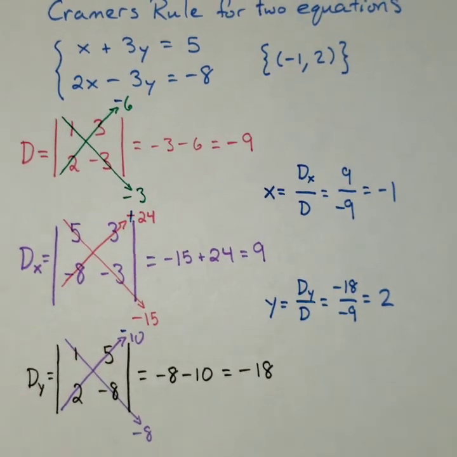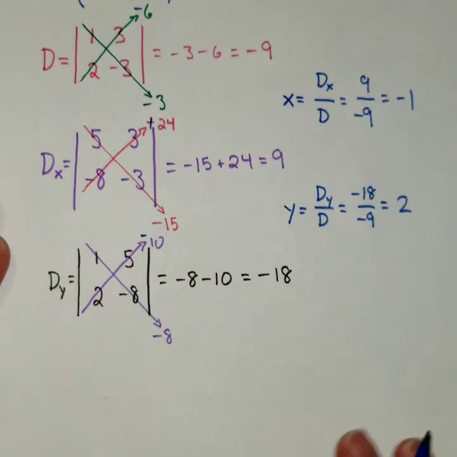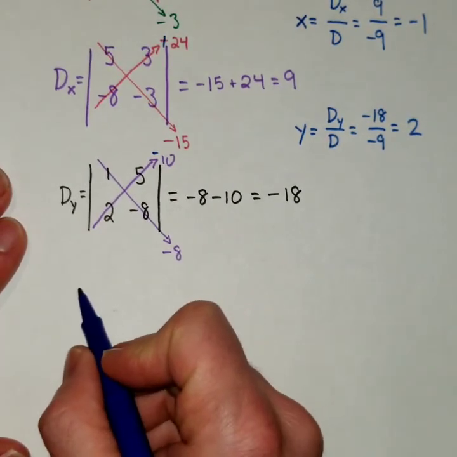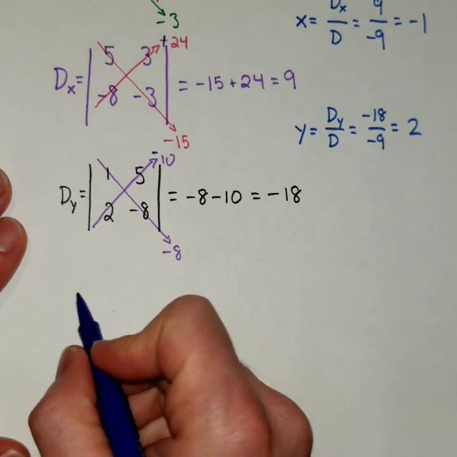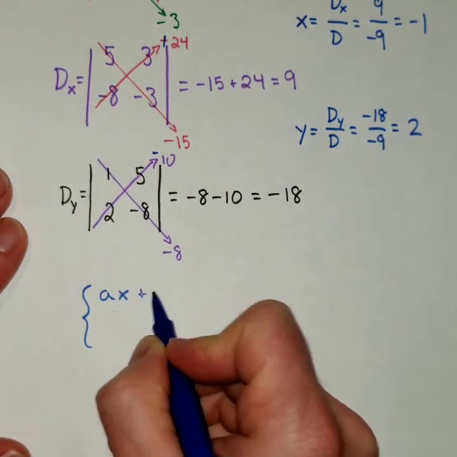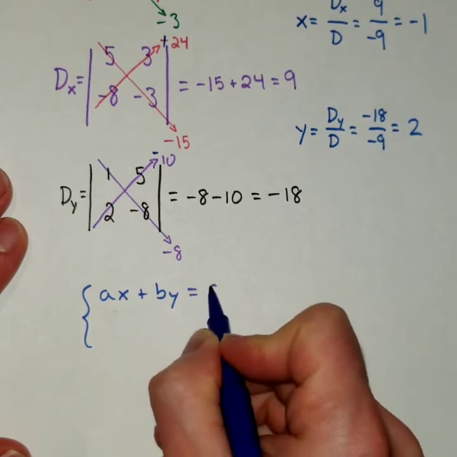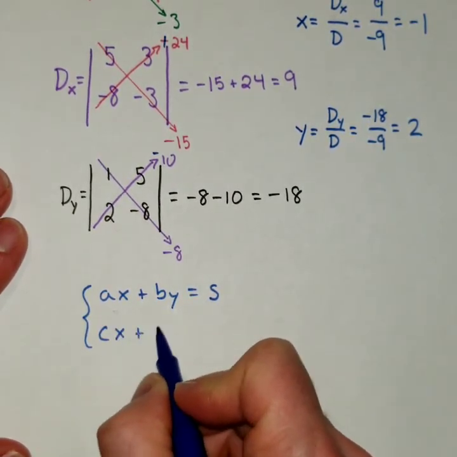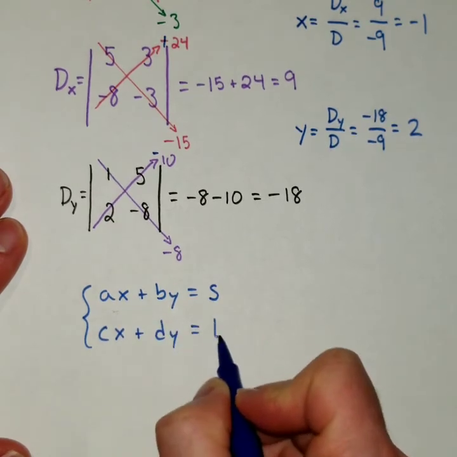In fact, if you think of this in the most general form with a system, let's call it ax plus by equals s, I believe is what the book uses, and cx plus dy equals t.